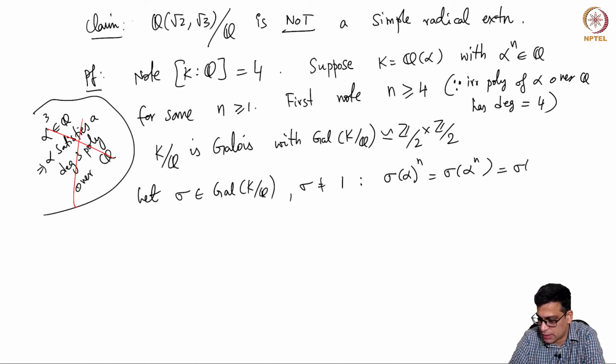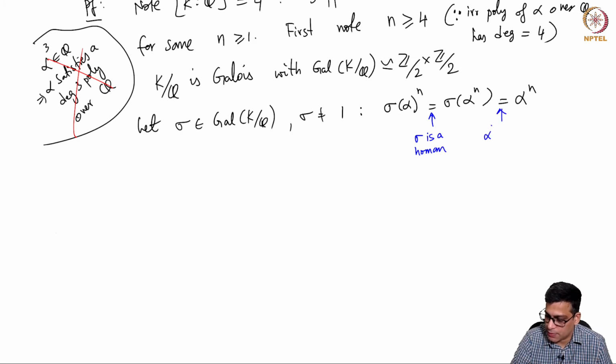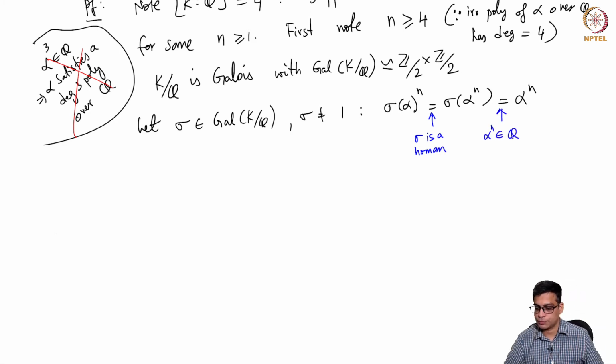This is sigma alpha, this is alpha power n, yeah. So, sorry, so this is what I wanted to say. This is because sigma is a homomorphism and this is because alpha n is in Q, which is the fixed field of this.